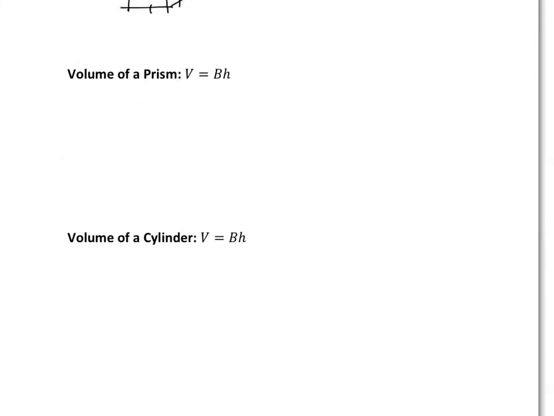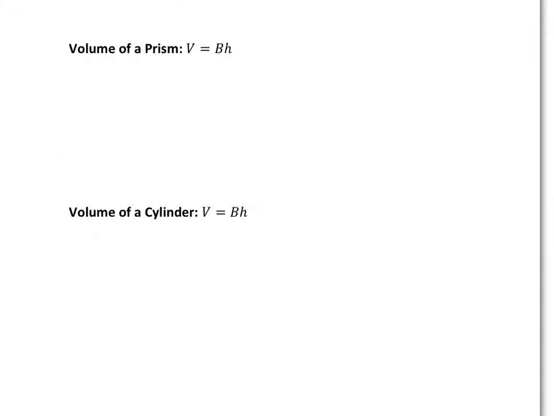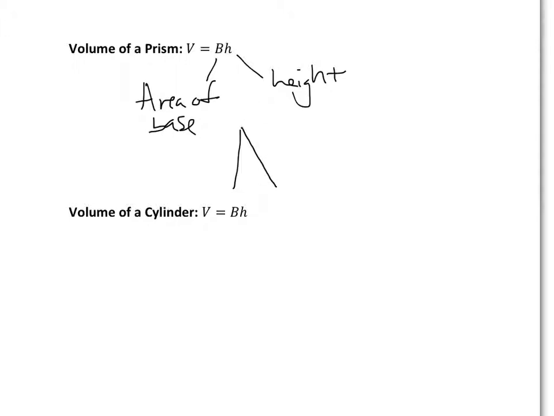Now for any other prism, the volume equals BH, and we're familiar with these variables a little bit. Remember, B is just the area of the base, and H is the height. So if you have, let's go with a triangle, a triangular base there, let's finish it off.